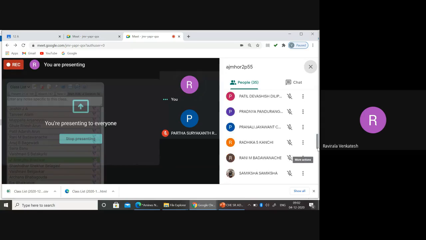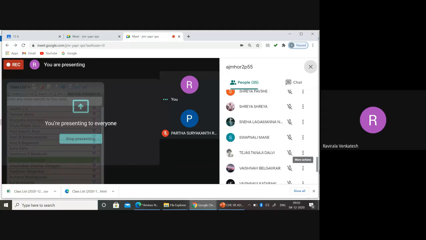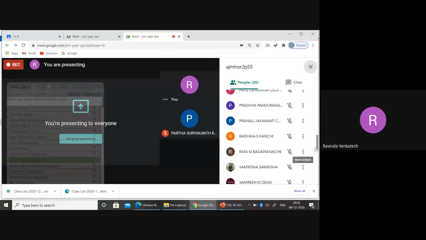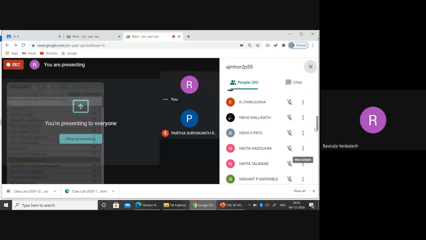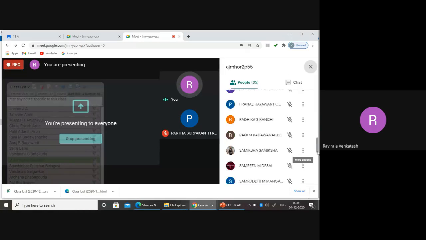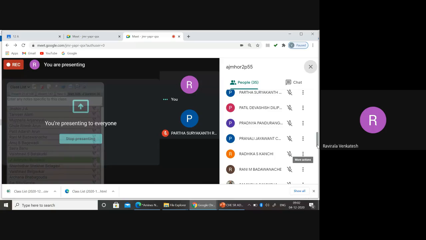Rohini. Absent. Kiran absent. Vaishnavi VH absent. Vaishnavi SB also absent.